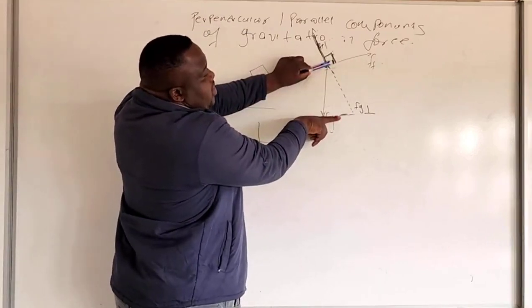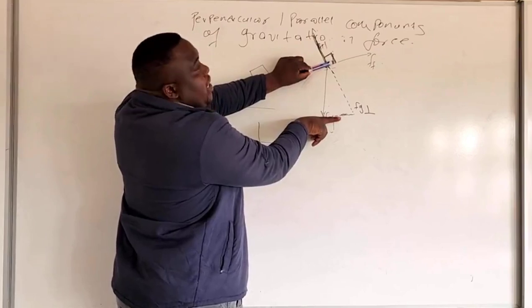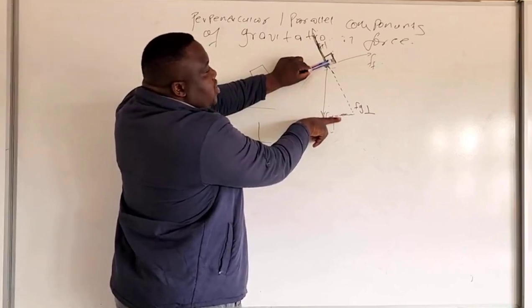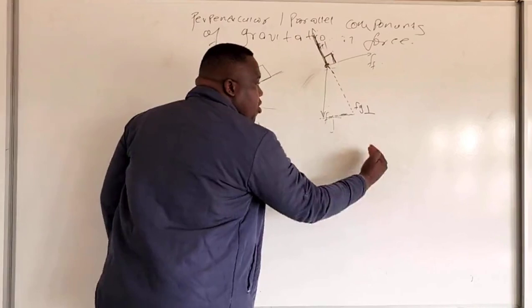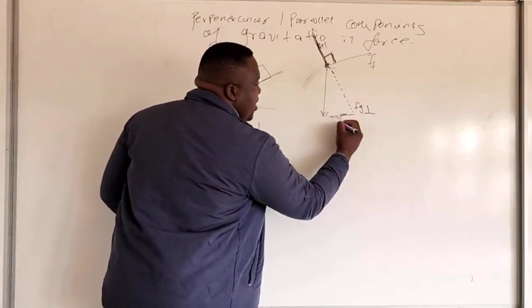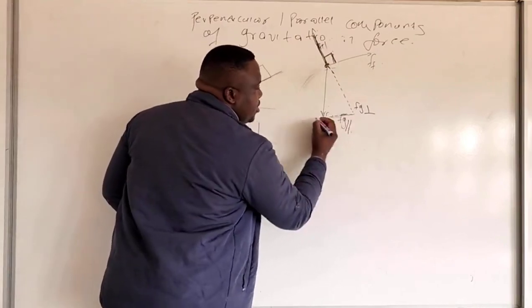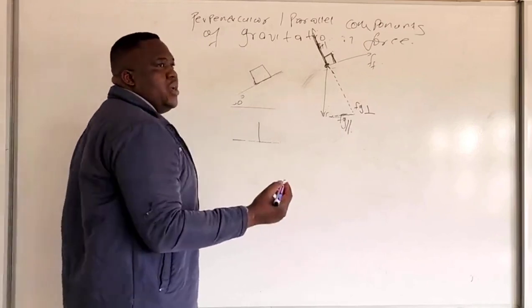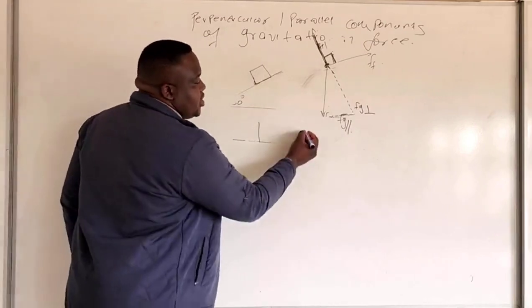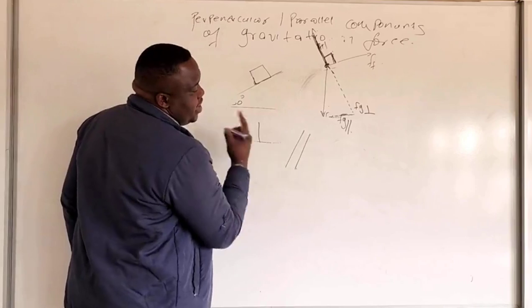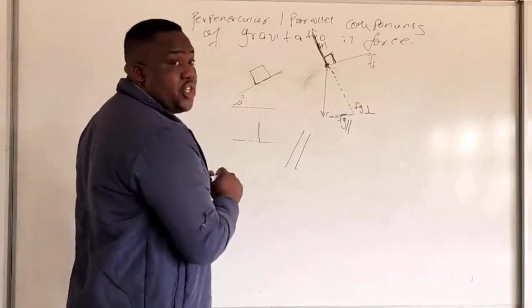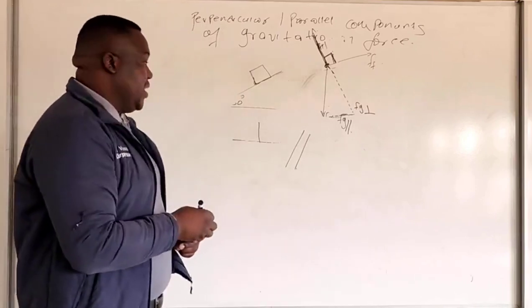That's why I'm calling it the parallel component. So we have a perpendicular component and we have Fg parallel. When we want to represent parallel, we write something which looks like 11, but a bit skewed. We know that from mathematics.